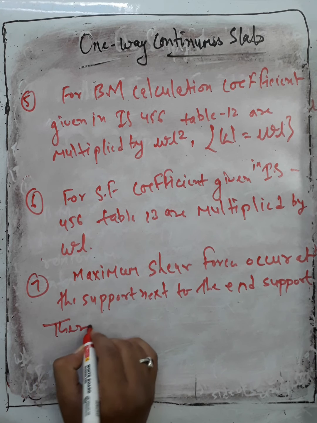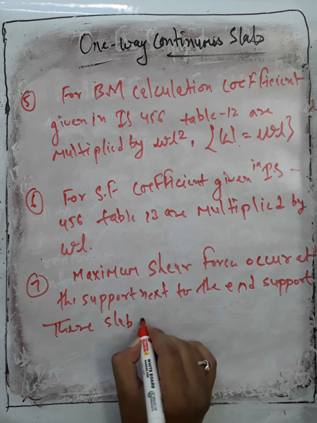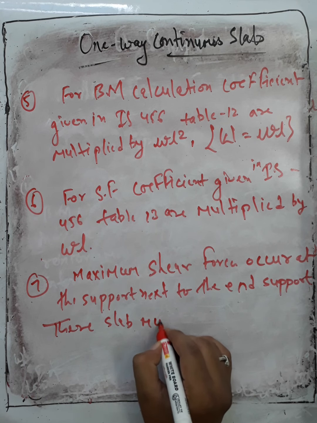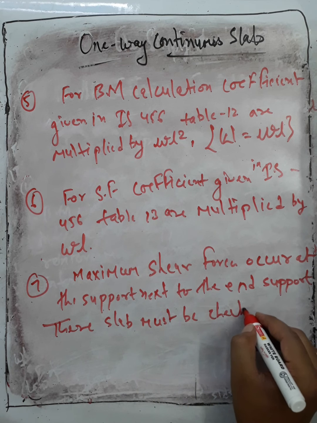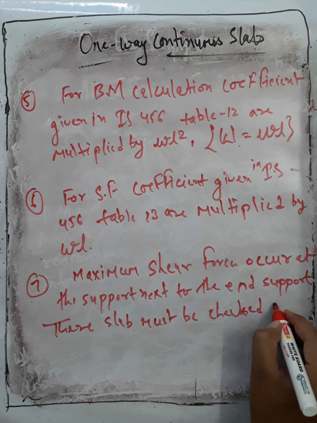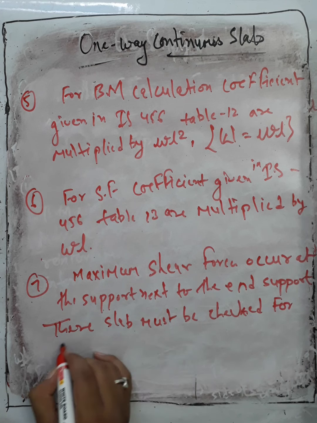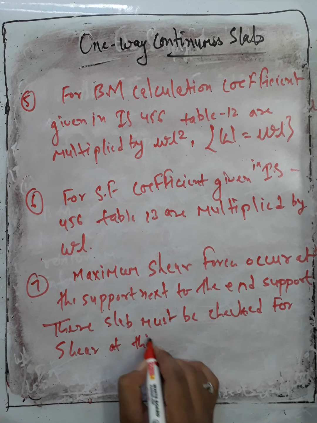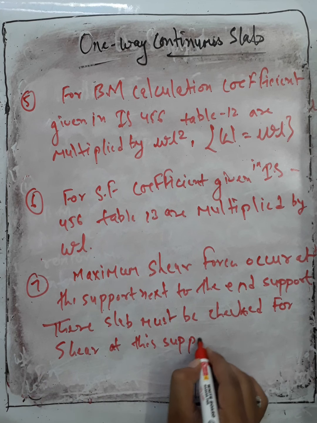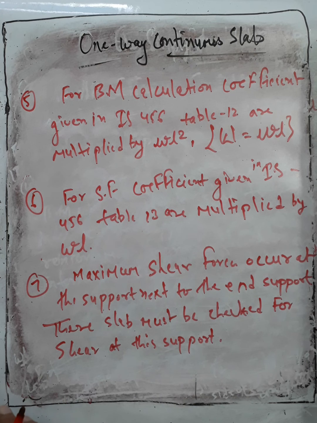Therefore, the slab must be checked for shear at this support. Okay, the maximum shear force occurs at the support next to the end support. Therefore, the slab must be checked for the shear at this support.